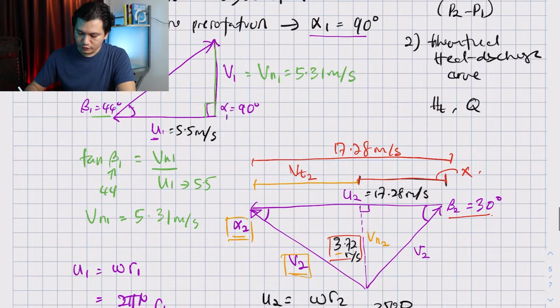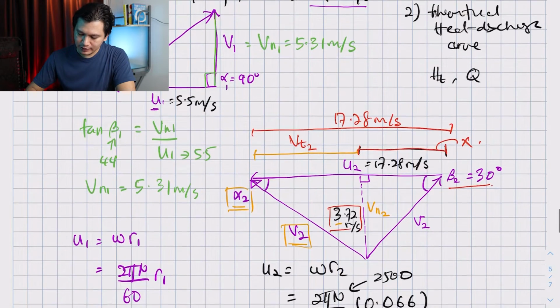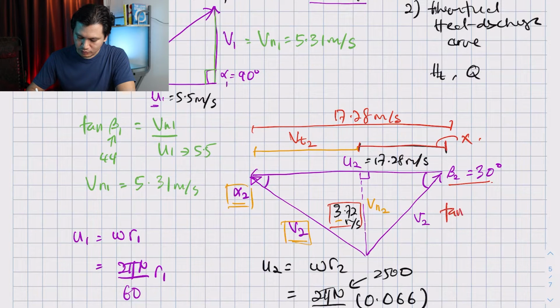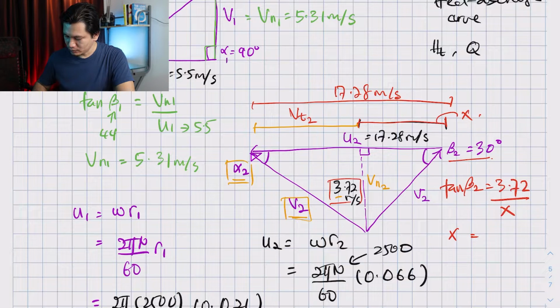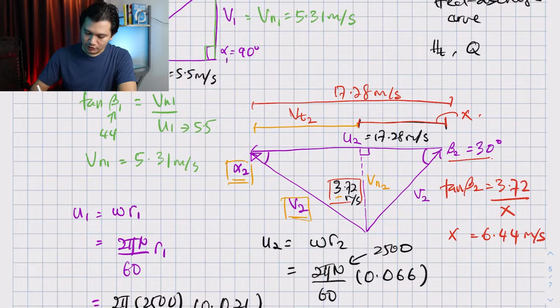So to find x, I'm going to take the tangent of beta 2, which is equal to 3.72 over x. And if I want to find x, x is 3.72 divided by tangent of 30. So I'm going to have x equal to 6.44 meter per second. Is that right? Okay, so this is 6.44.